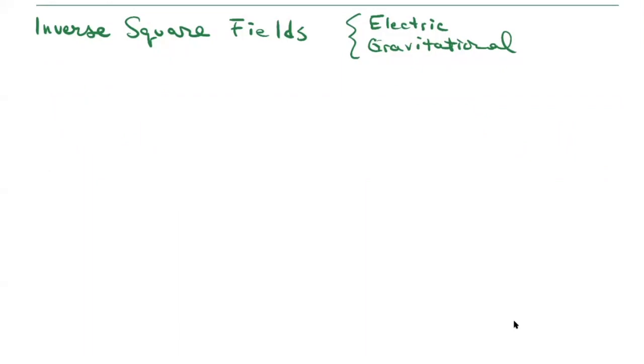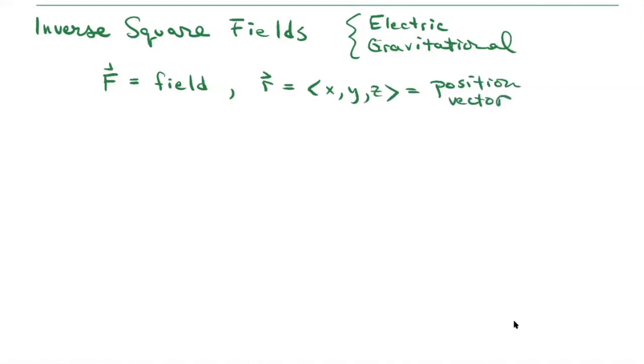So first of all, F would be the field. And I always use R for a position vector. That's just X, Y, Z. Position vector. Inverse square fields have the magnitude of the field proportional to the inverse of the square of the magnitude of the position vector.